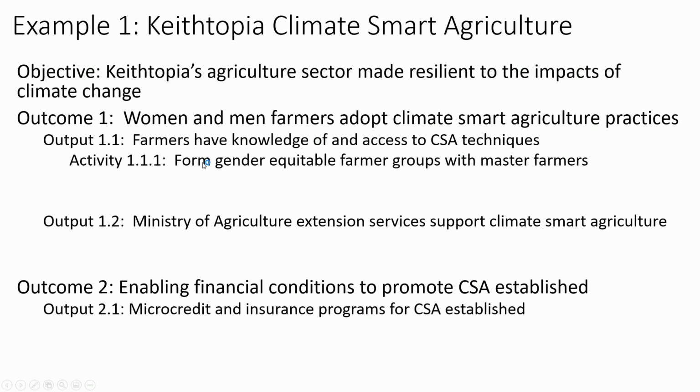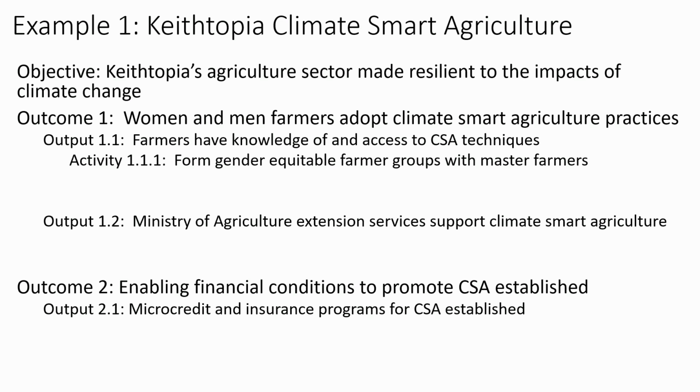So the first thing that we're going to do is form gender equitable farmer groups with master farmers. So we'll have these farmers associations for women and men. These farmer associations are teams basically, and with those teams we'll have one master farmer that's really a champion for climate smart agriculture.